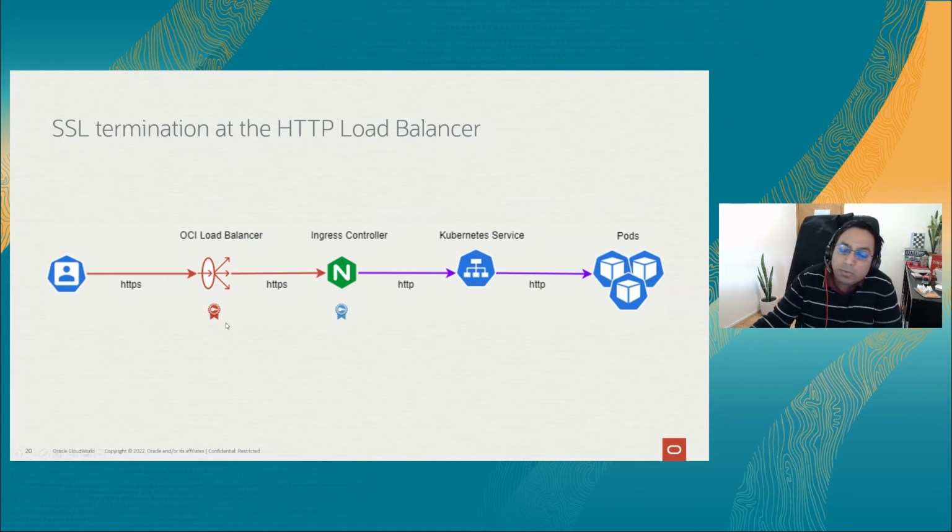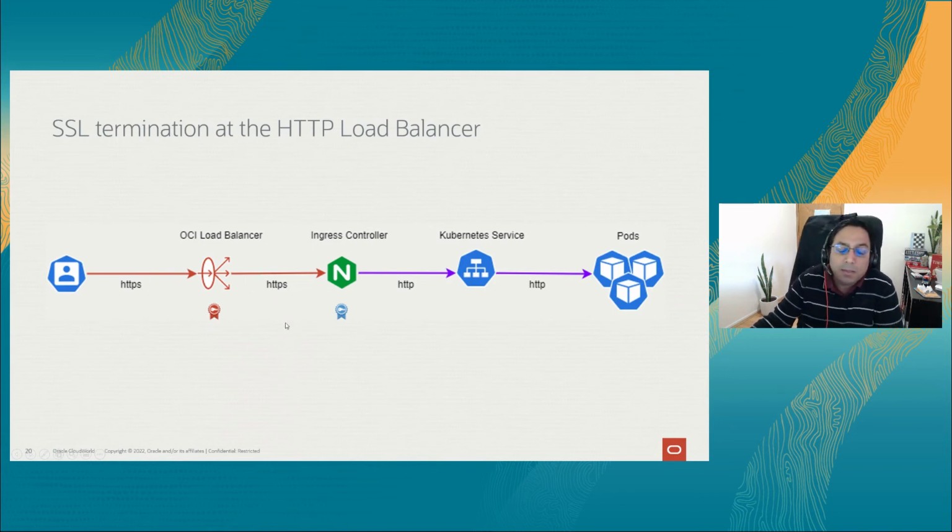Why we wanted to do the decryption here is because we may want to inspect the headers. Maybe you want to do some modification. Maybe you want to put the load balancer in between. So something like this we might want to do.